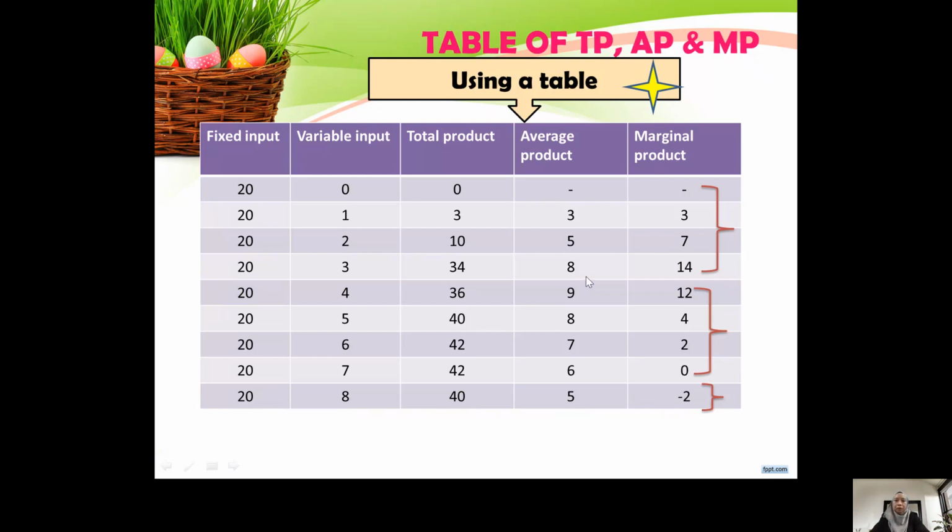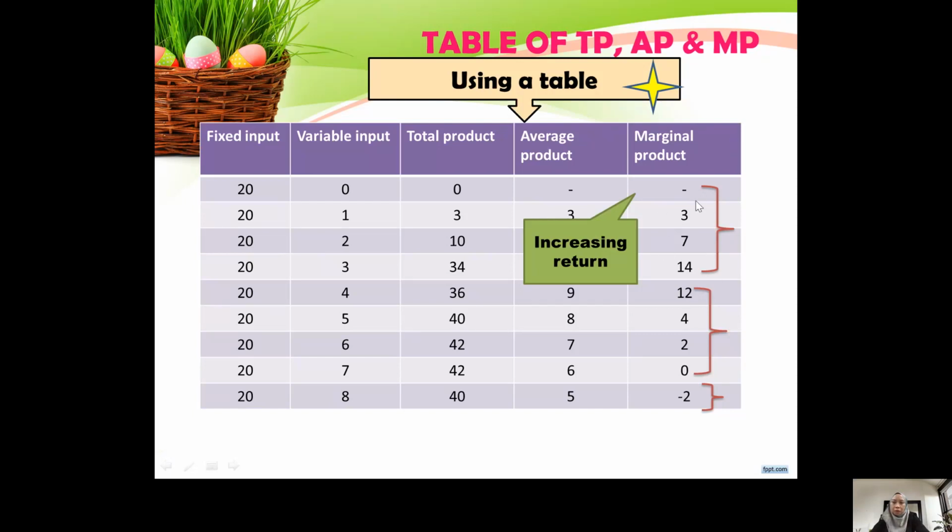Before we draw a curve, you need to determine from the table which part is increasing return, decreasing, and negative. Remember, to determine the concept of increasing, diminishing or decreasing, and negative return is from the value of marginal product. The value for increasing starts from this value.